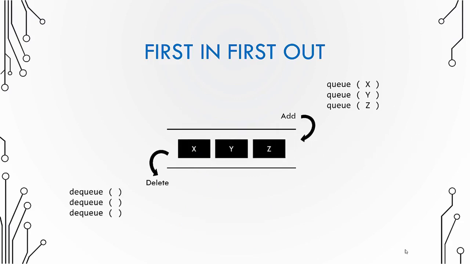Now let's dequeue all of these three numbers one by one. Remember that x was the first element to go in the queue, and this would be the first one to go out of the queue. Why? Because we always delete elements from the front of the queue and add elements to the back of the queue. So naturally, the first one to go in would be the first one to go out of the queue.